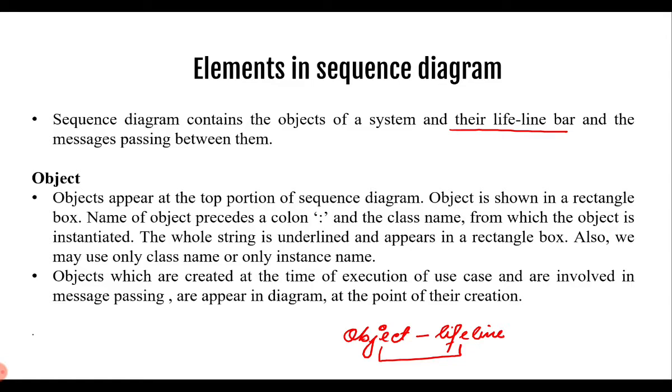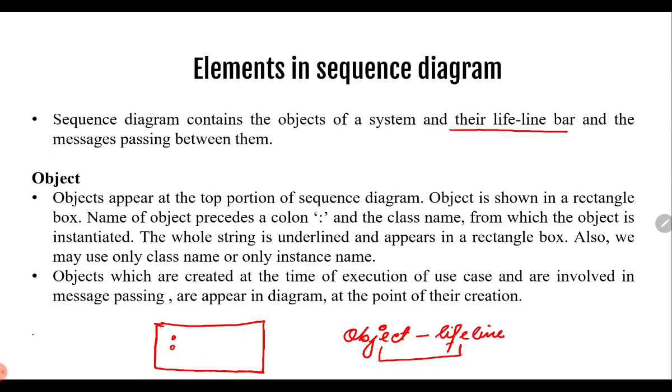portion of the sequence diagram, and it is shown in the form of a rectangle box. So this rectangle box will be representing the object, where within the box we have to represent using a sequence diagram notation, which is the colon.